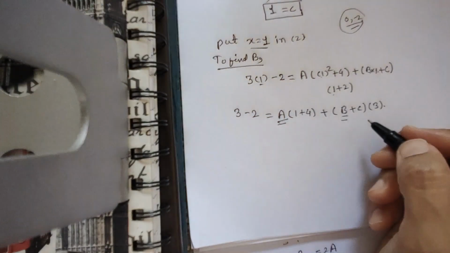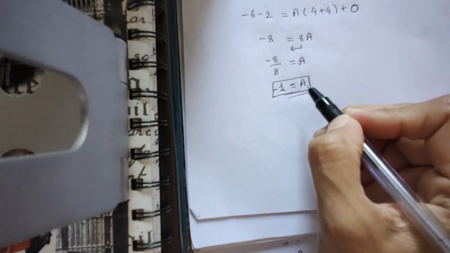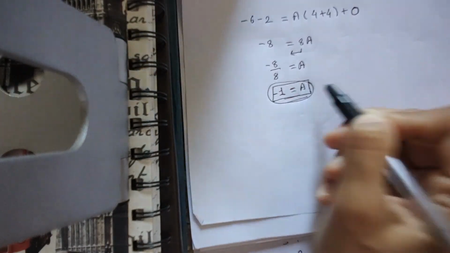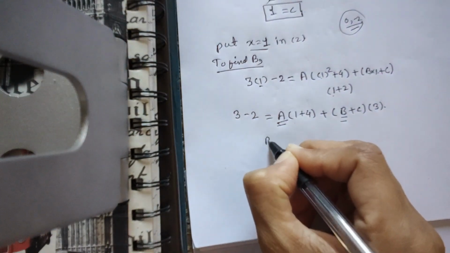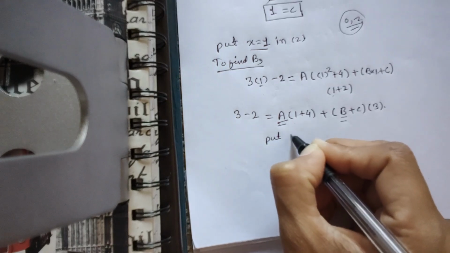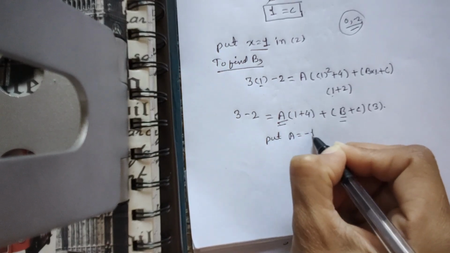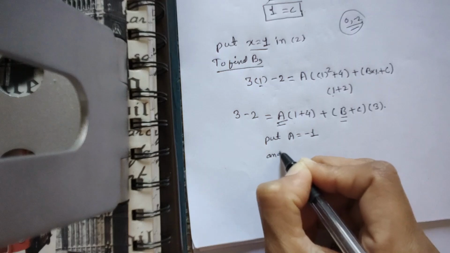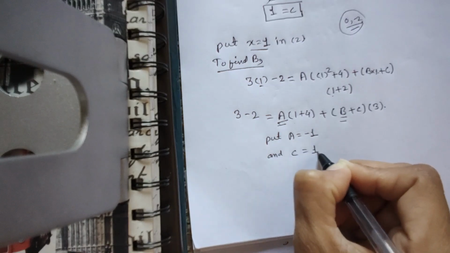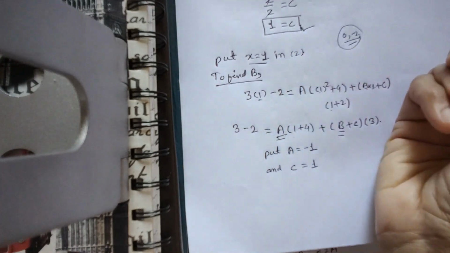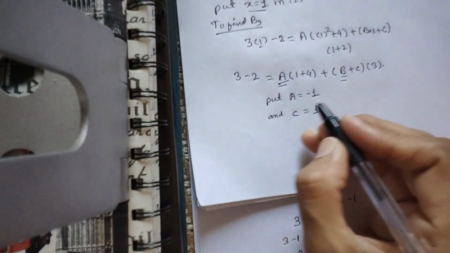My a I have calculated here. Here I have calculated as minus 1. So I am putting a equal to minus 1 and c equal to 1. C I have calculated here. Okay, so what will I get?